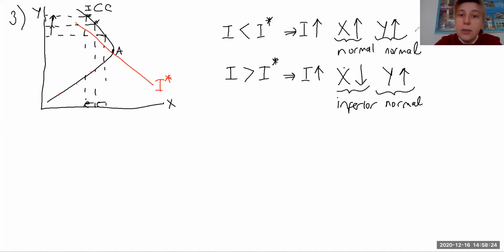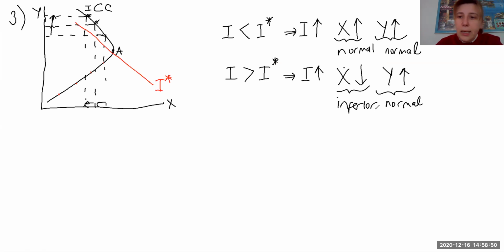But after this I star, the budget line again shifts to the right, but now the consumption of Y continuously increases, while the consumption of X starts to decrease after this critical point. So here in this example, good X is becoming inferior after I star income level.